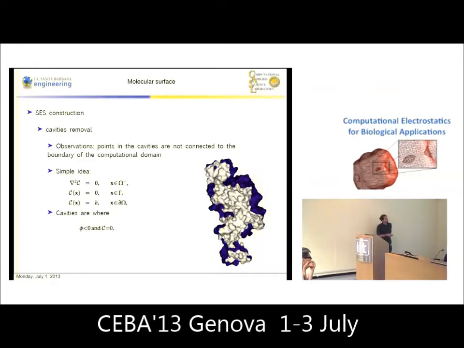You are solving for an arbitrary function c, and you set it to be a fixed value on the boundary of the computational domain. So everywhere in this part of the domain, the solution c is going to be equal to something between 0 and b. And in the cavity, since there is nothing diffusing, the solution c is going to be equal to 0. So by solving this simple PDE, you can easily detect if a point is inside a cavity or not. And then if you recognize a cavity, you can simply remove it.